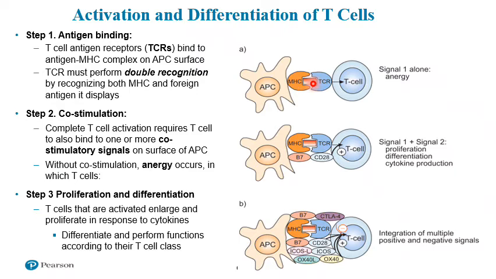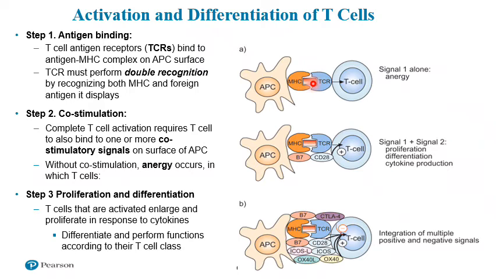So just like your white blood cells, these T cells that have been activated will need to clone themselves into millions of T cells that have the recognition of the antigen.